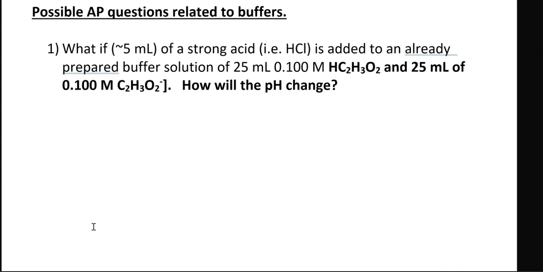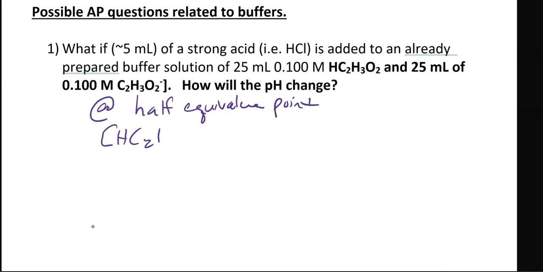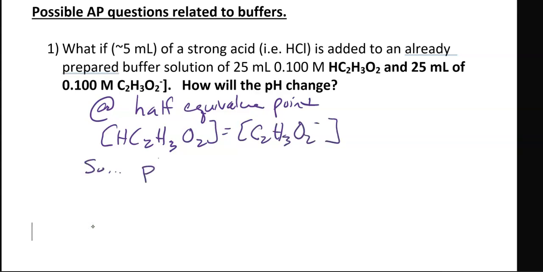So remember, at the half equivalence point, the concentration of acetic acid is equal to the concentration of conjugate base. So the pKa is equal to the pH, which is equal to 4.74.